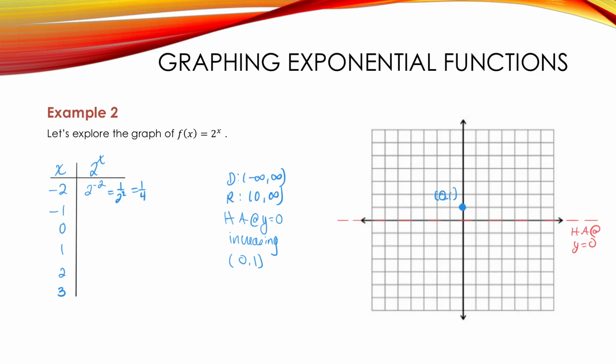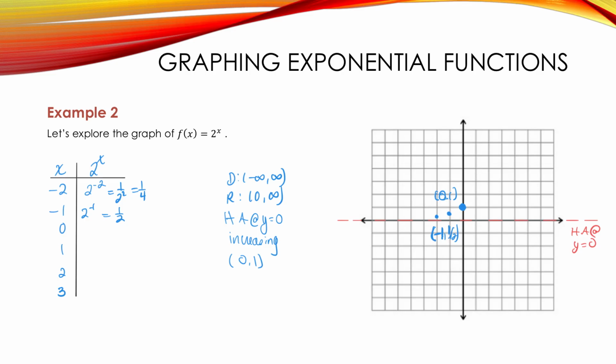So at -2, we have 1/4. Okay, and let's see at -1. 2 to the negative 1 is 1 over 2. That's 1/2. That is our 1 over a. So we get negative 1 comma 1 over a. That is negative 1, 1 over 2.